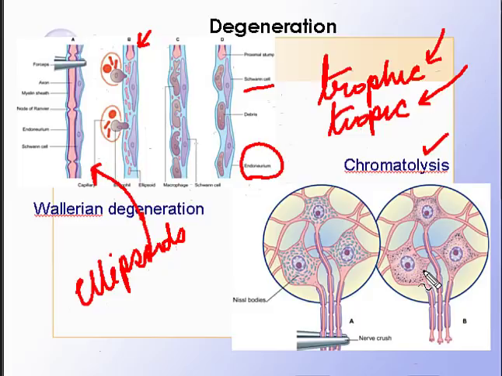Now in the central nervous system, the degeneration which occurs is that the macrophages there are the microglial cells, but they remove debris much slower, and in fact the debris can be identified 6 months after injury in the central nervous system, whereas in the peripheral nervous system it's virtually cleared by 6 days. In the central nervous system, chromatolysis is usually unusual. Instead, the cell just dies.